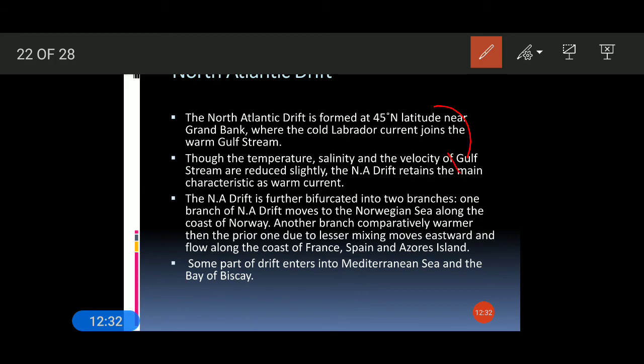When this Labrador Current, coming from the Baffin Bay, and the Gulf Stream meet in this region, the temperature of the water will reduce to some extent, but the same stream will retain its warmness. It is still a warm current, although the temperature, salinity, or velocity has reduced. Then it starts flowing towards the eastern direction.